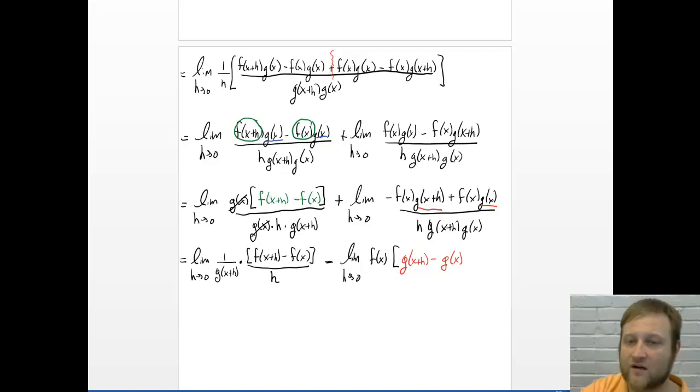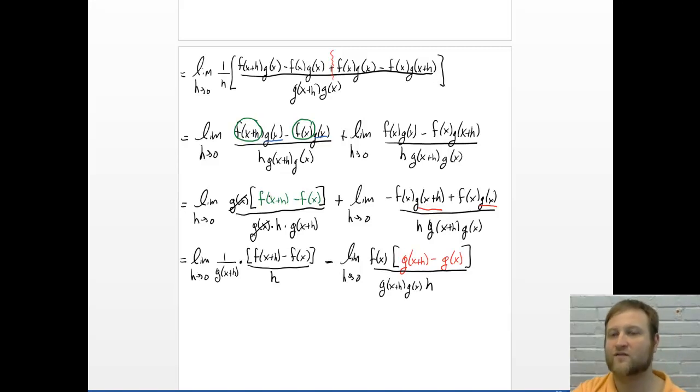And notice here, we can still all be left over the functional value of h, which I'm going to put here. We still have g of x plus h times g of x. I just rearranged this. So hopefully now we are seeing here that we have just a value of f prime of x.